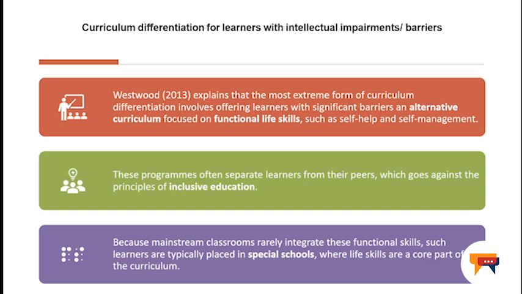And these programs often separate learners from their peers, which goes against the principles of inclusive education. Because mainstream classrooms rarely integrate these functional skills, such learners are typically placed in special schools, where life skills are a core part of the curriculum.